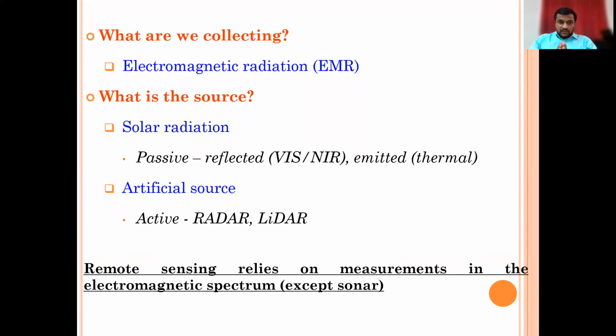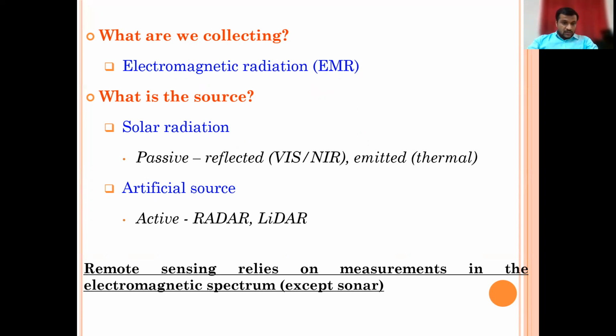So in remote sensing, two types of energy sources are required. First is solar radiation, which is a natural source of energy. It is used for passive remote sensing processes like reflected and emitted remote sensing. The second type is active remote sensing, in which we use an artificial source of energy like radar and lidar.